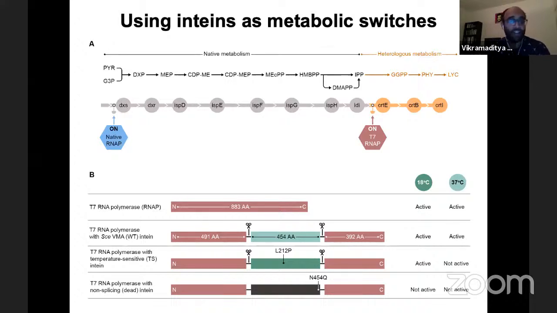The T7 RNA polymerase is driving the expression of this downstream heterologous metabolic pathway that produces lycopene. Into it we introduced a very specific type of polypeptide sequence, which is called an intein. An intein is a self-splicing element.